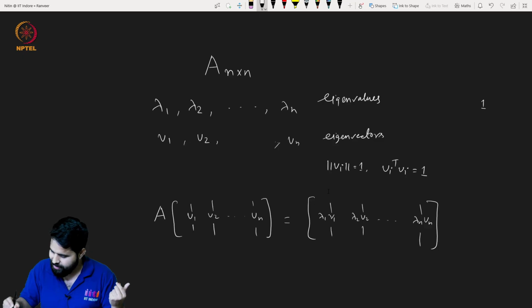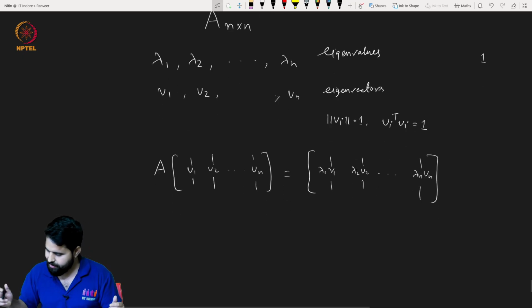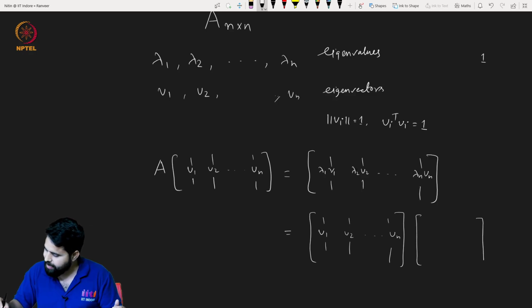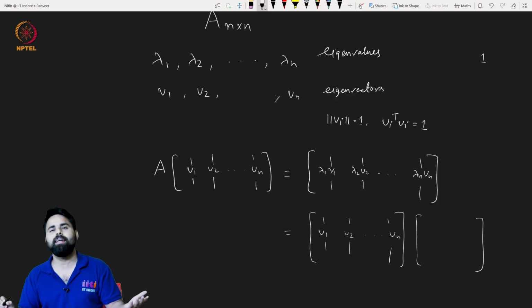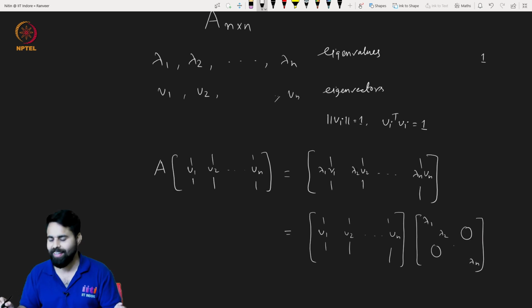And this I can write, by matrix product, as the matrix with columns v1, v2 up to vn multiplied by a diagonal matrix where on the diagonal there are the corresponding eigenvalues, lambda 1, lambda 2 up to lambda n.